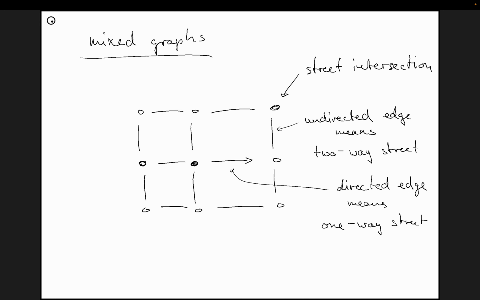There you go. That's how you make sense of mixed graphs. So a mixed graph is a graph consisting of both directed and undirected edges.